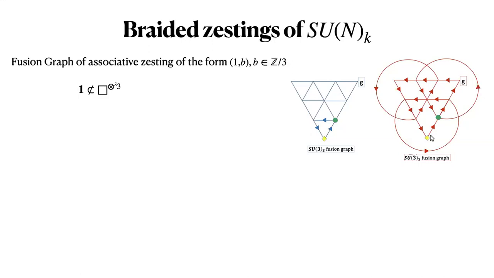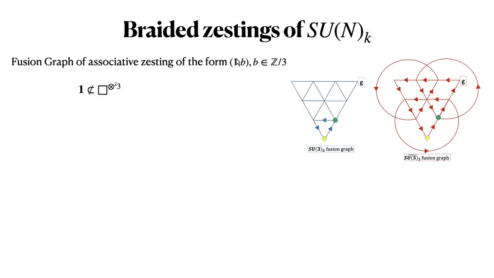Because one of the things that happen is that, in particular, for the standard representation, when you do in the usual SU(3) level 3, when you do 3 times the standard representation, you have a copy of the trivial representation inside. So in some sense, let's say the order of the standard representation is 3.